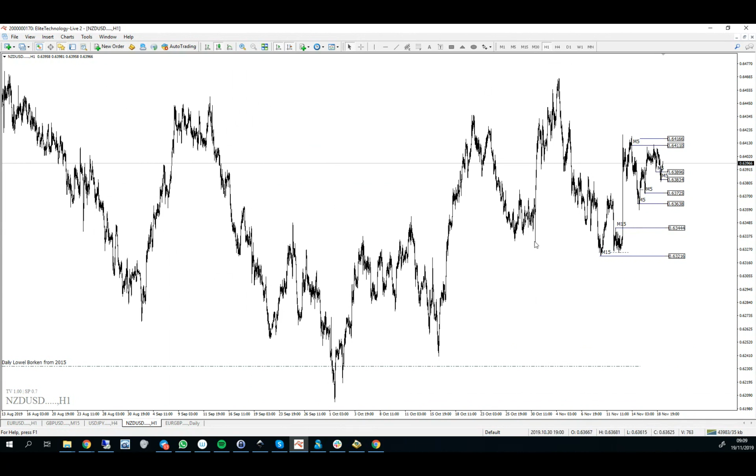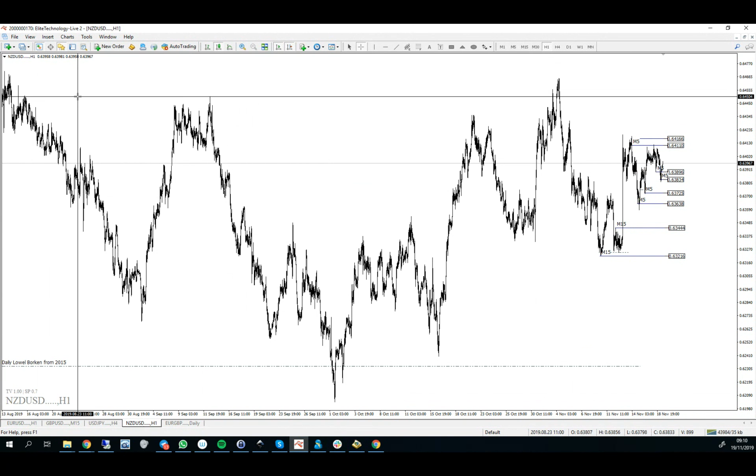We had a very strong push up that wasn't achieving much. It wasn't breaking any significant high. It was breaking some highs, but not significant ones.